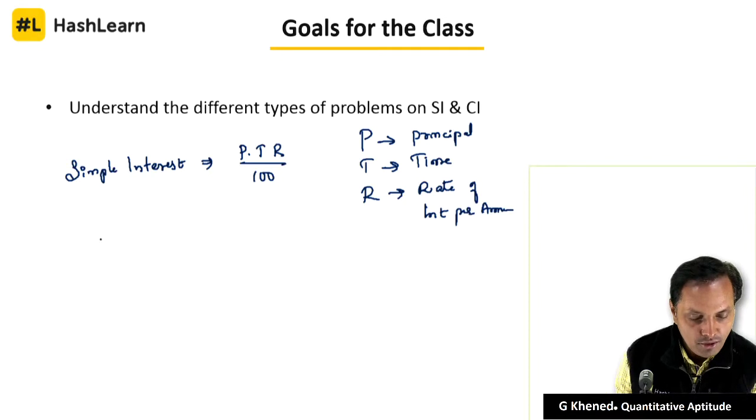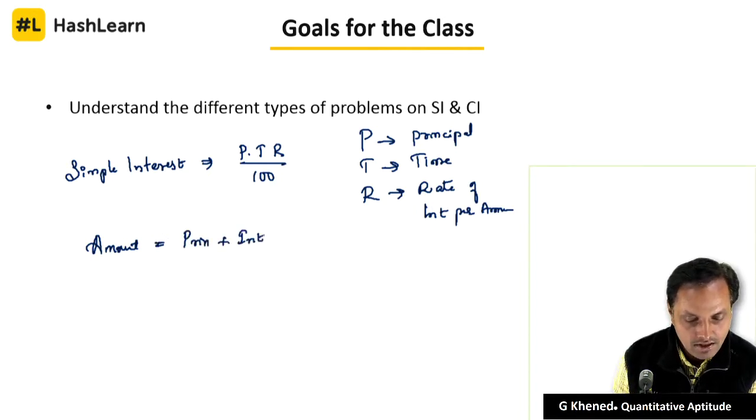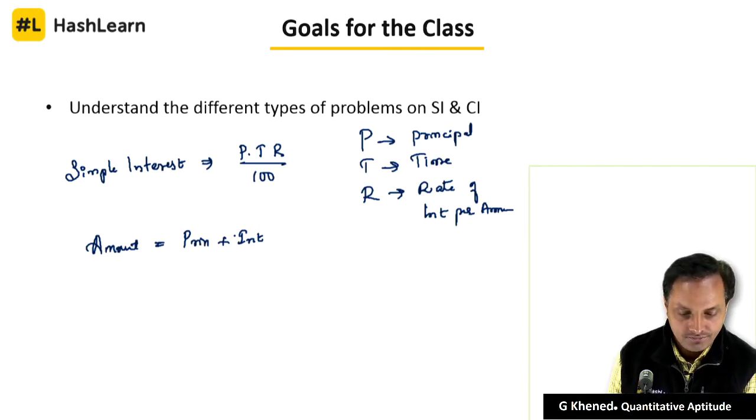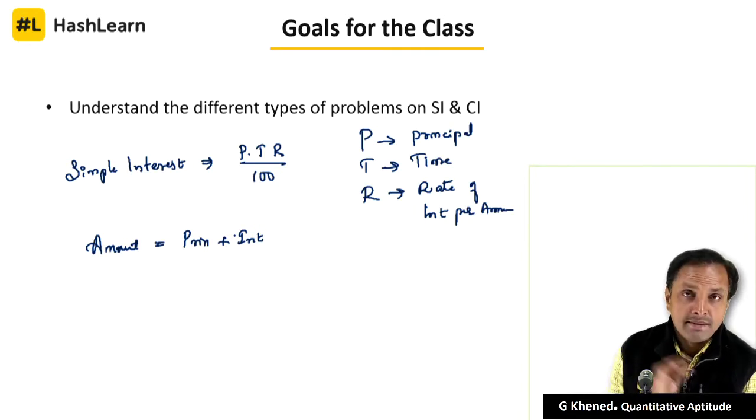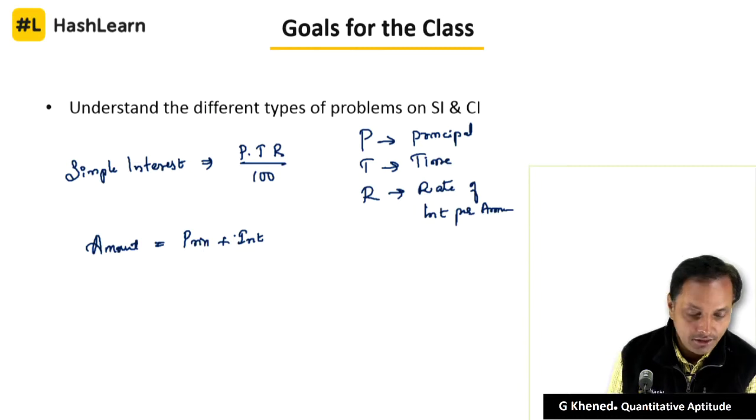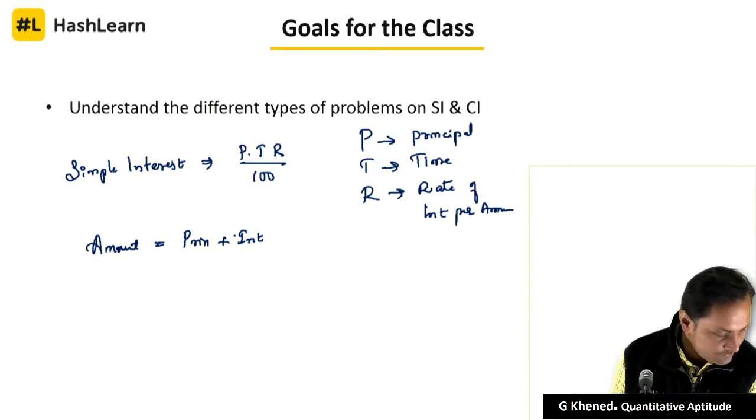So always your amount will be principal plus interest. Your interest can be either simple interest or compound interest.